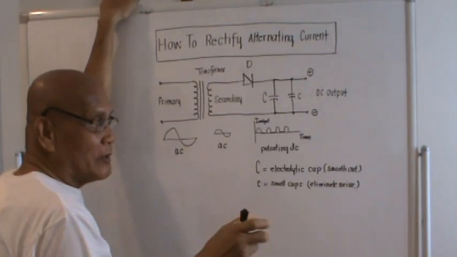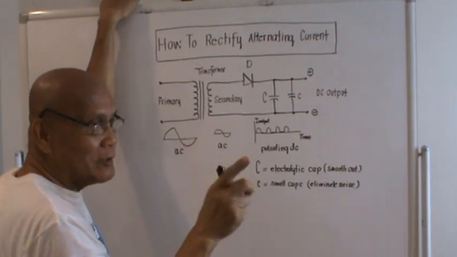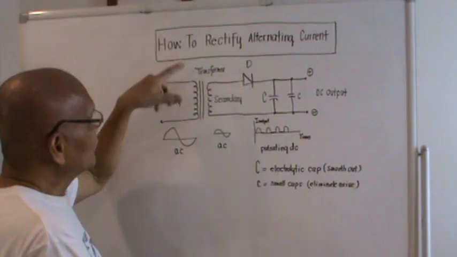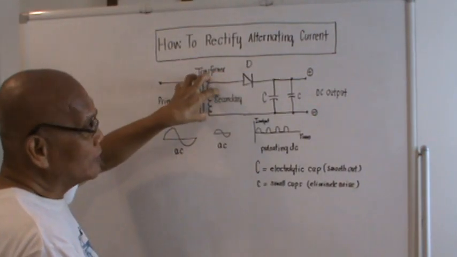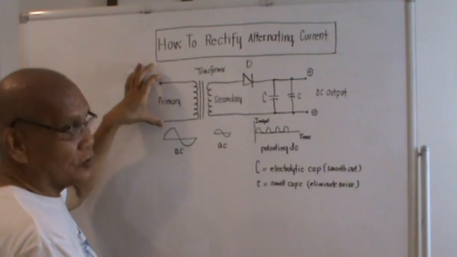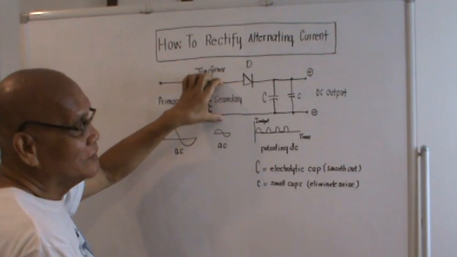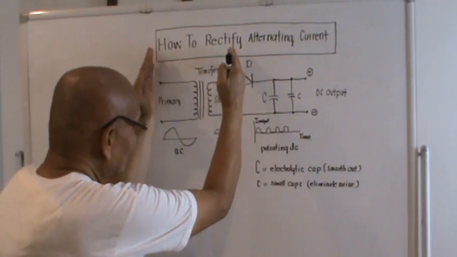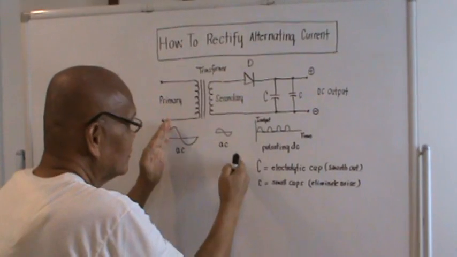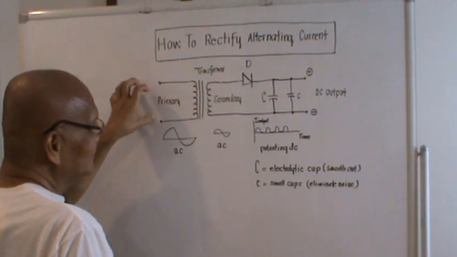The first requirement on how to bring out the direct current is we should have a power source. So we should have a transformer. This is a transformer. This is the primary side. This is the secondary side. This portion of the circuit is alternating. This is the dangerous side.